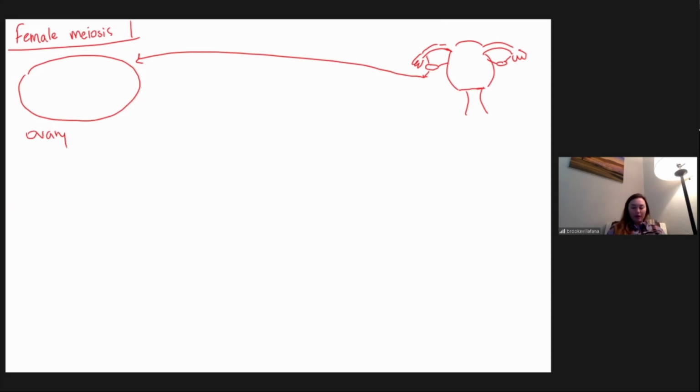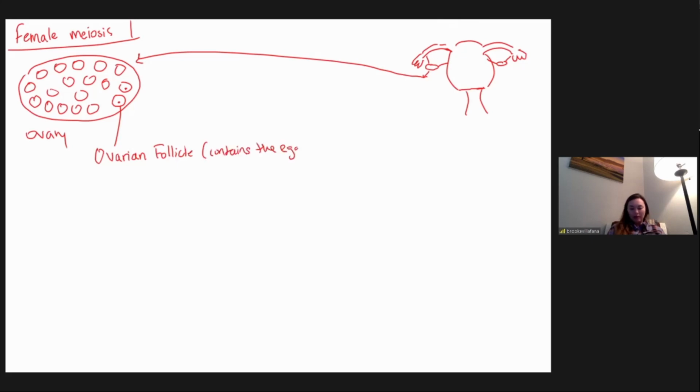Inside of the ovary, we have eggs. There are a lot of them, right? There are actually, I believe, thousands, but I'm just going to fill it up so we can picture it. And each of these eggs lives in a house. The house is the ovarian follicle. This contains the egg, and the egg is the ovum or oocyte, okay?